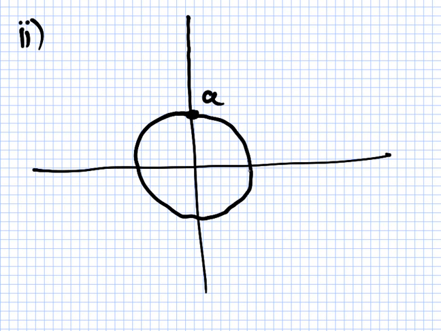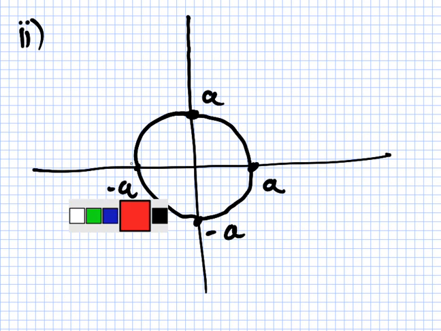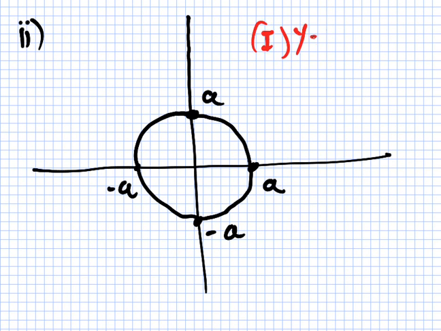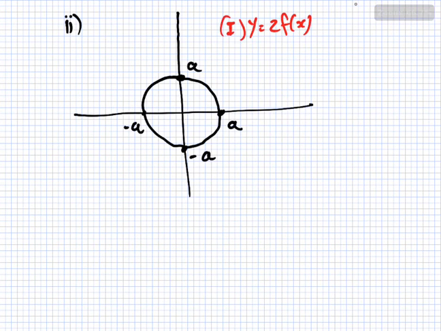That's A, minus A, minus A. So the first one is y equals 2f(x). So what happens here? Yeah, so in fact it will turn into this shape.